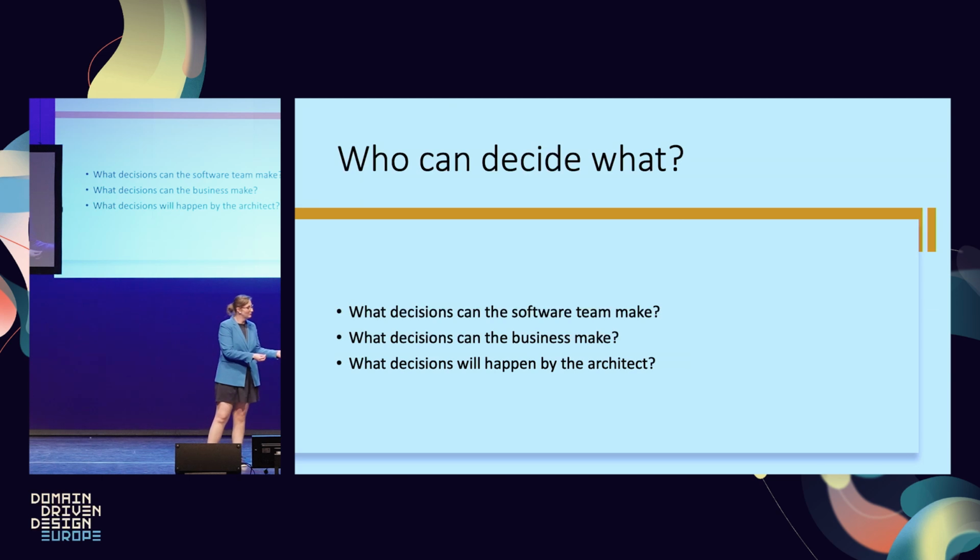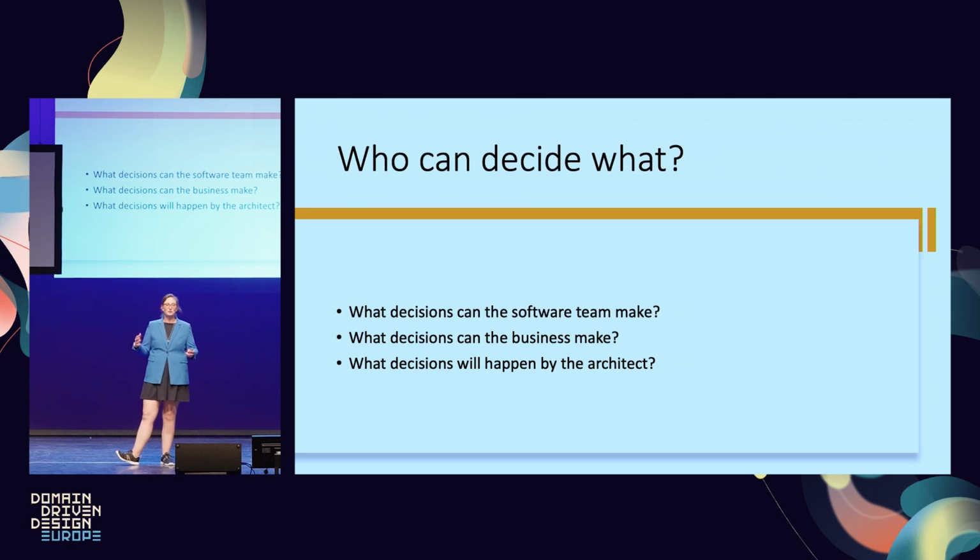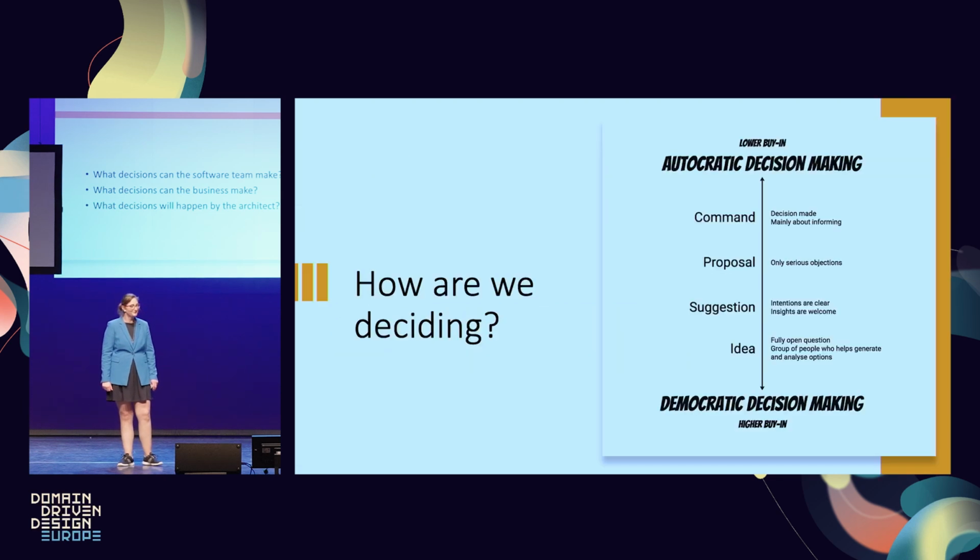We want teams to be autonomous, but we don't really say what they can decide. We want to collaborate with the business, but we don't really say what they can decide. And you're an architect, and nobody tells you what you really can decide, or what should be decided by the software teams, or how far you can go. So you need to create clarity on that, right?